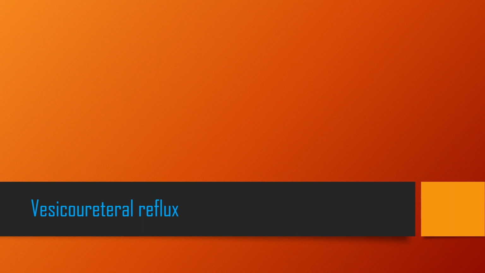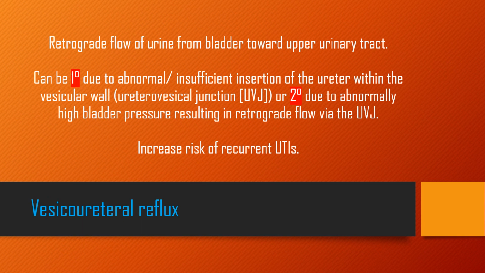Vesicoureteral reflux. It is the retrograde flow of urine from the bladder toward the upper urinary tract, meaning the backflow of urine from the bladder to the ureter and kidney. It can be primary, due to abnormal, insufficient insertion of the ureter within the bladder wall, that is at the ureterovesicular junction.